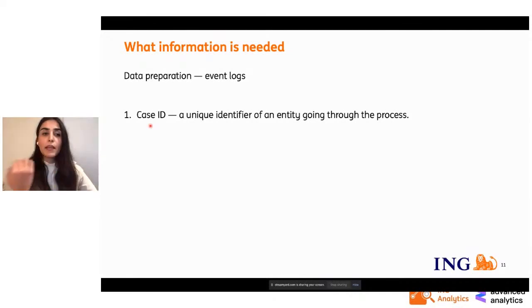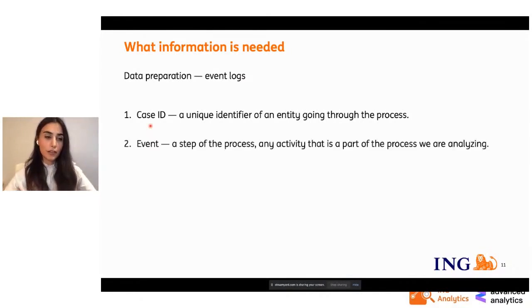What does this mean? In a hospital example, the case ID can be a patient checking into the hospital, going to a specific diagnostic, going to, I don't know, the drugstore, etc. So a unique identifier, and in a bank it can be a customer, though customer ID isn't unique enough. Then an event, which is the sequence of activities or processes that we want to analyze.